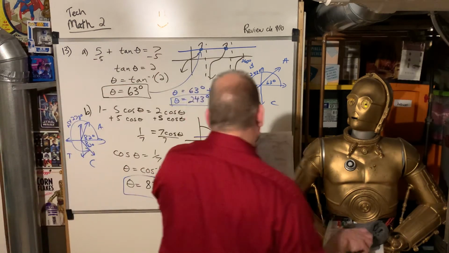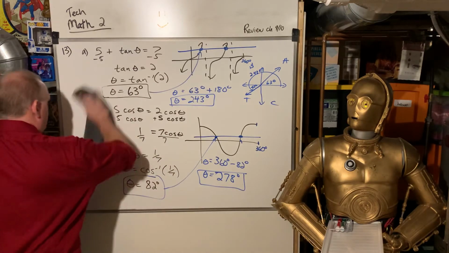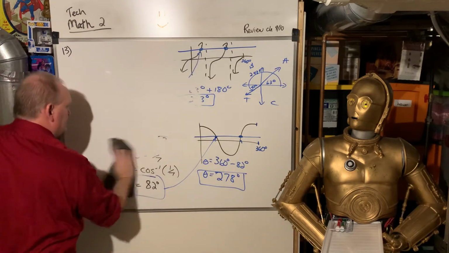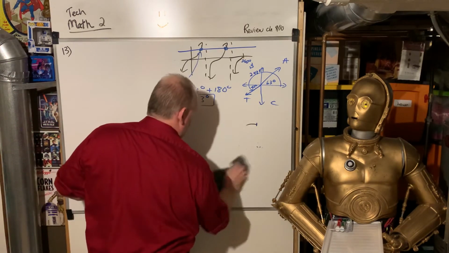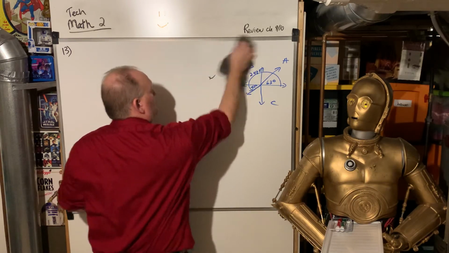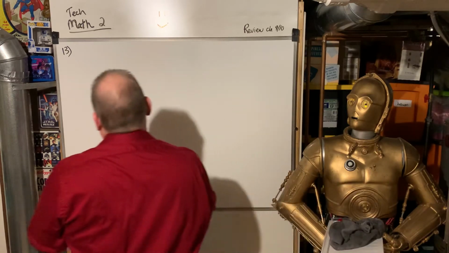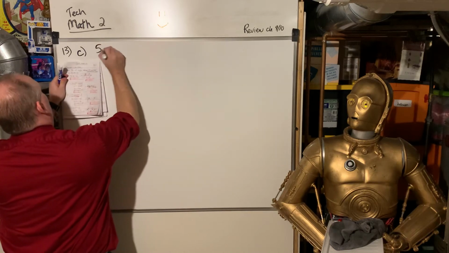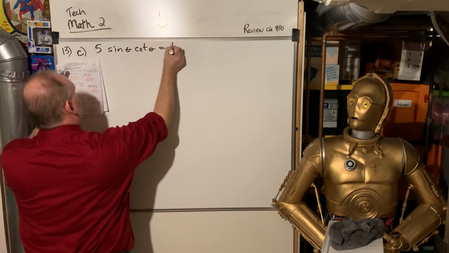Okay, let's do C and D, 13C and 13D. These are definitely more involved problems. Okay, so 13C, we got 5 sine theta cotangent theta equals 4.